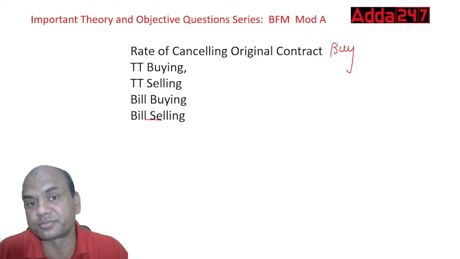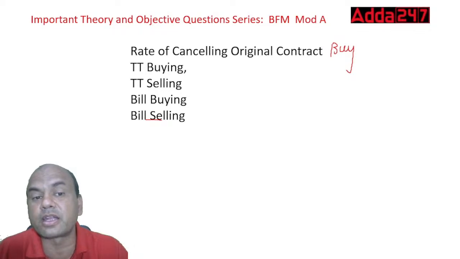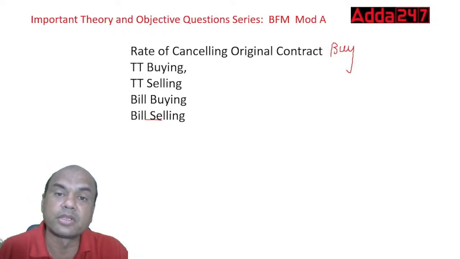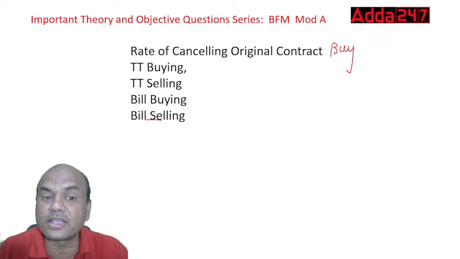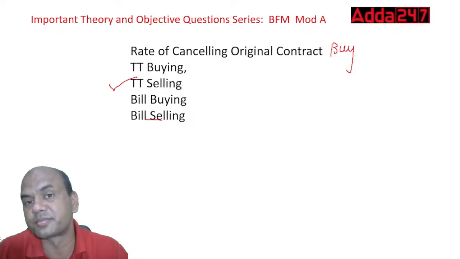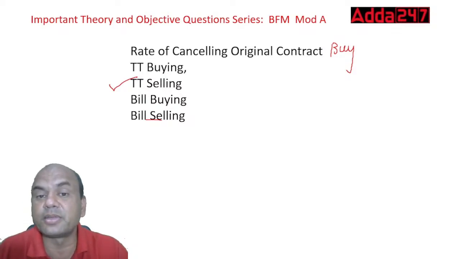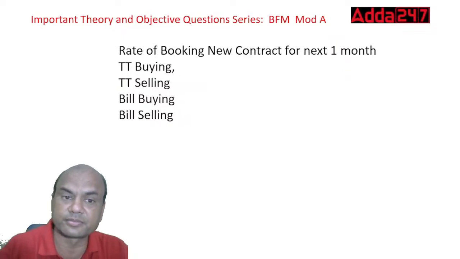If it was a spot transaction, I might have done it at TT buying. If it was a bill transaction, at a bill buying rate. But cancelling is always done at the same rate, known as TT selling. Cancelling means reversing that transaction, so that will always be done at TT selling.